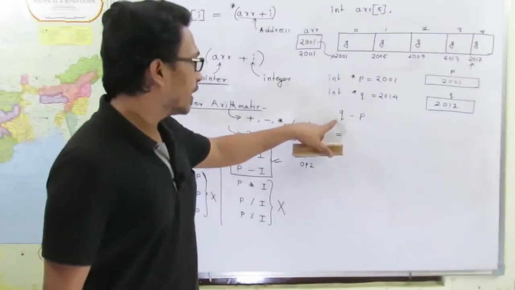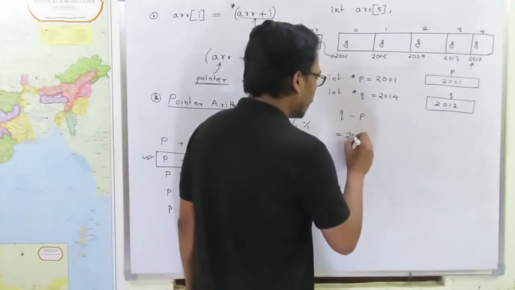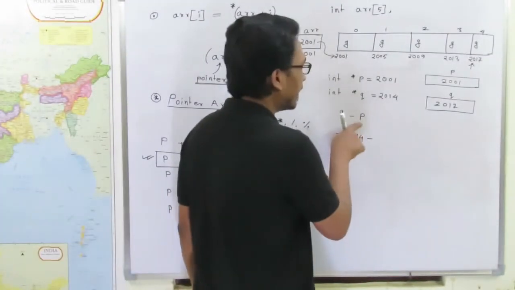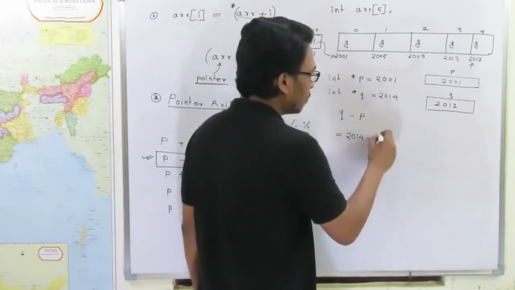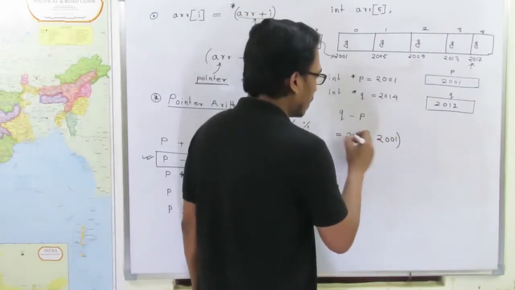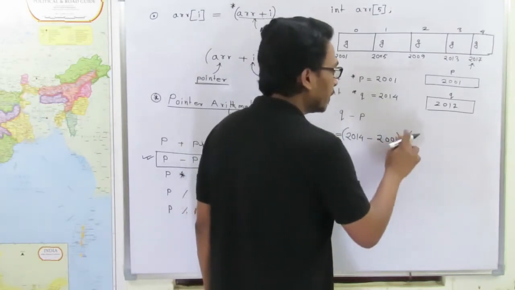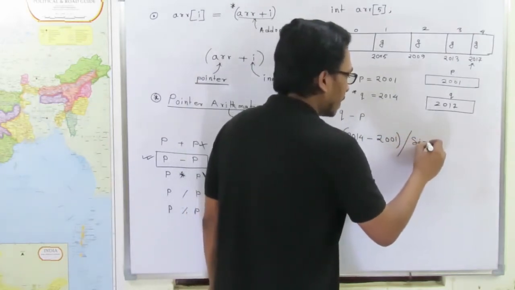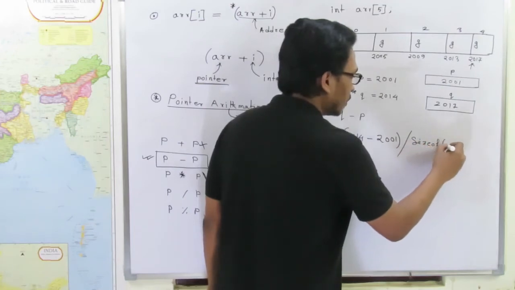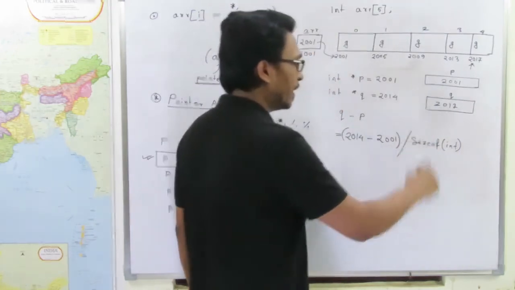The address stored in Q is 2017 minus the address stored in P, which is 2001. Now we need to divide this result by the size of data. That means here, size of data means integer, size of int.